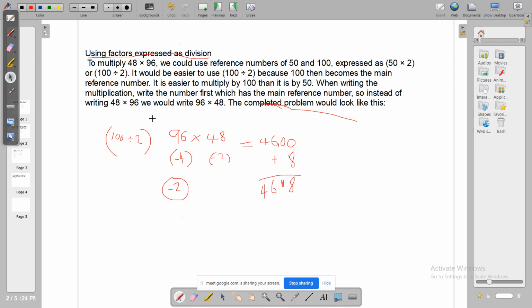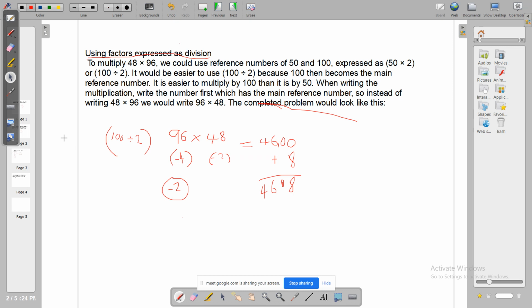Okay, so to do that, we have to multiply this number by the second reference number. But here we can't multiply because we are doing division. If it's a multiplication, you multiply. If it's a division, you divide. So when you divide 2 by this number, we will get minus 2.